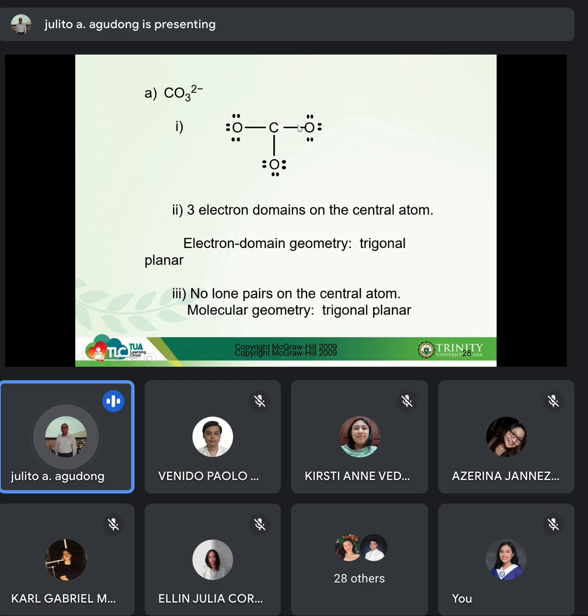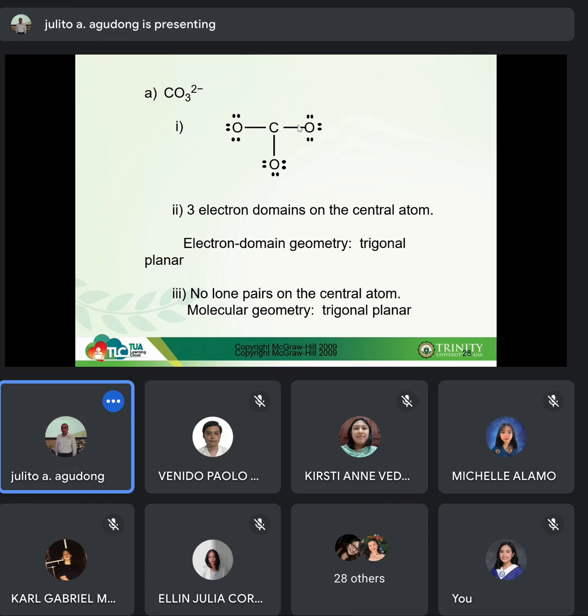So how many electron domains do you have for the central atom carbon? There would be 3 electron domains, all bonding. If there are 3 electron domains, the electron domain geometry is trigonal planar. And if you don't have any lone pair on carbon, the molecular geometry will also be trigonal planar.